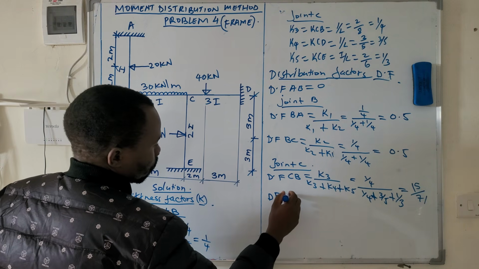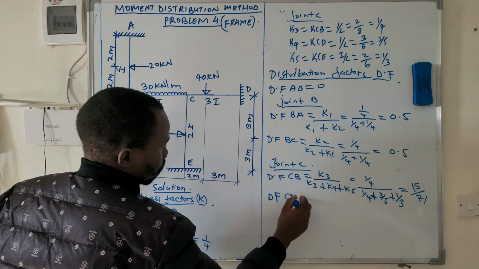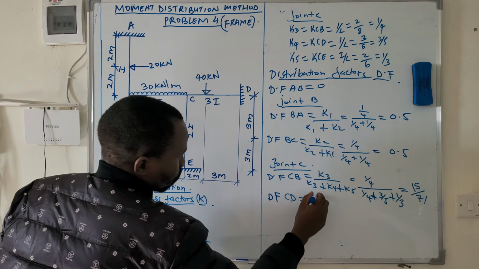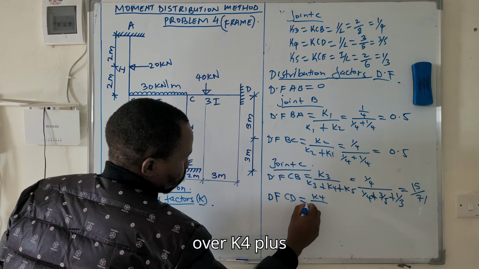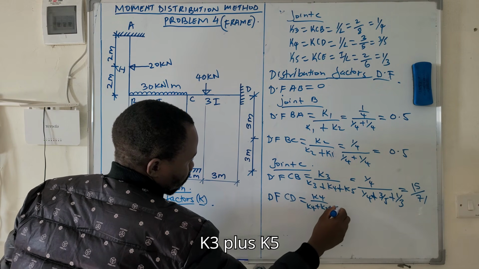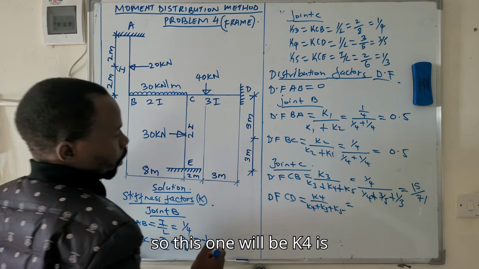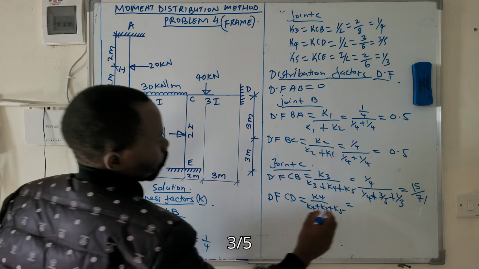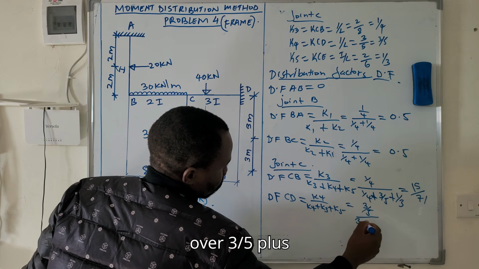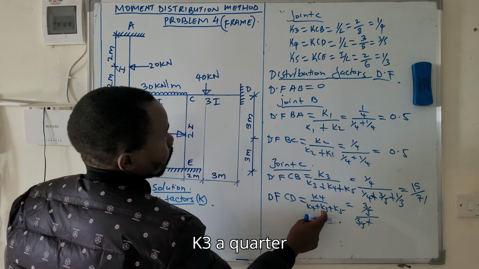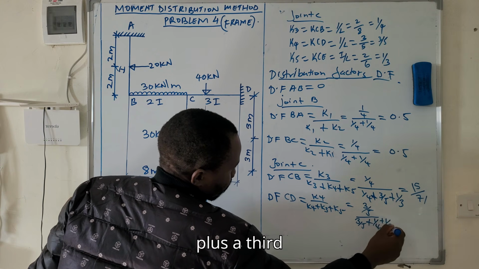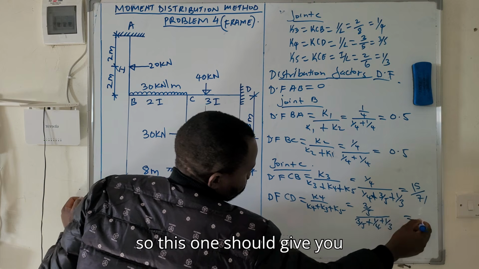We proceed to DF CD. DF CD will be K4 over K4 plus K3 plus K5. K4 is 3 over 5, over 3 over 5 plus K3, a quarter, plus a third.